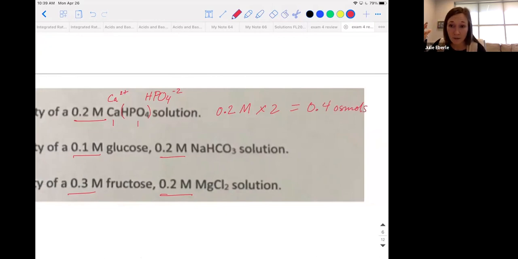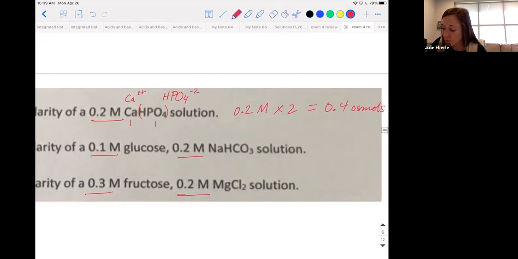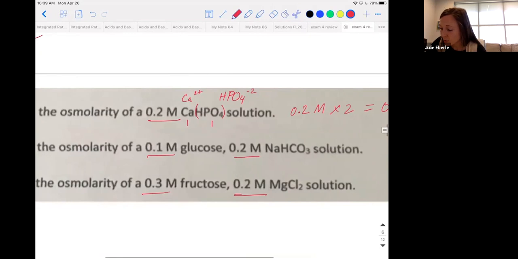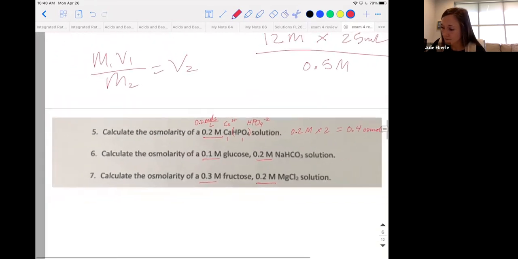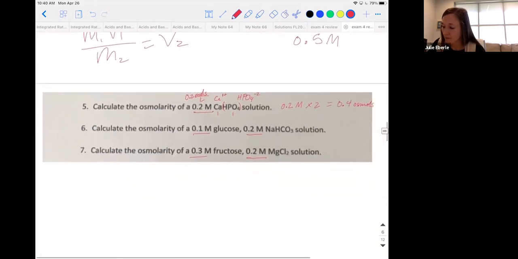That's moles of particles per liter. Remember that 0.2 molar is 0.2 moles of the compound per liter, and I'm going to get 2 particles. So if I have 0.2 moles of the compound per liter, I'll get 0.4 moles of particles per liter, which is the 0.4 osmolarity. Okay, that's the easy one.